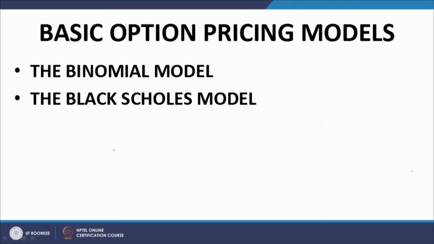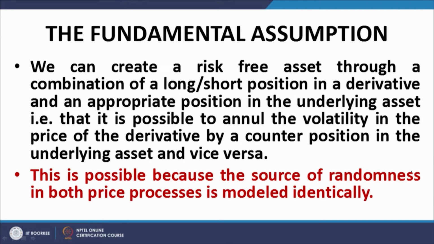These are the two models that I mentioned just now, the binomial model and the Black-Scholes model. The fundamental assumption that goes into both of these models is that because the behavior of the option or the derivative is a function of the behavior of the underlying asset, we can model the behavior of the derivative in terms of the same randomness.